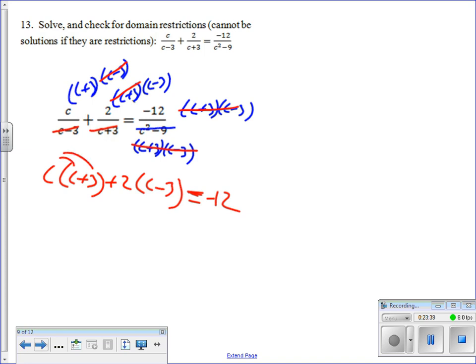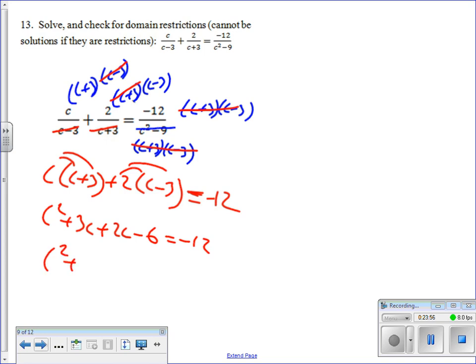Distribute the c. C squared plus 3c. Distribute the 2. 2c minus 6 equals negative 12. Combine like terms. Add 12 to both sides.